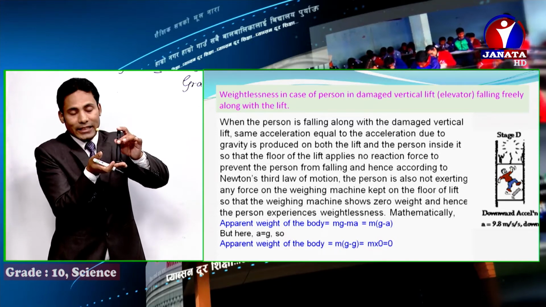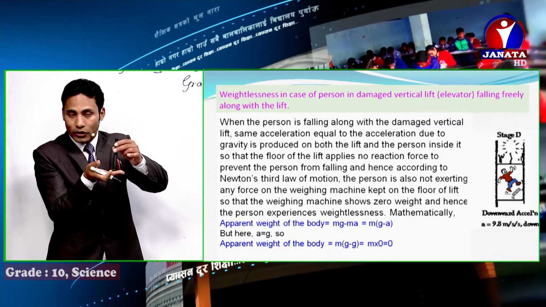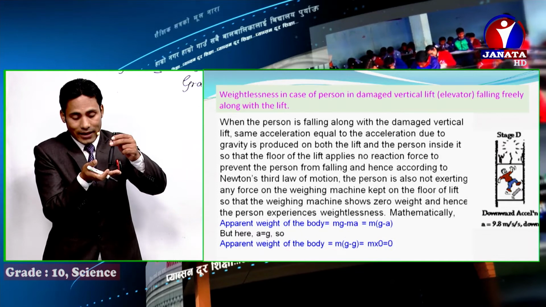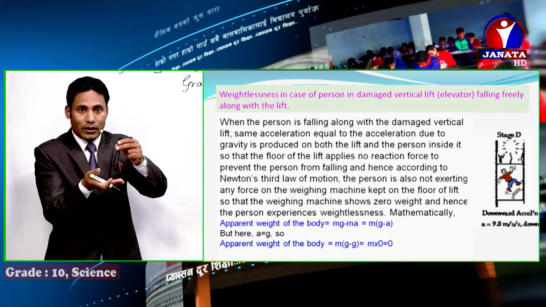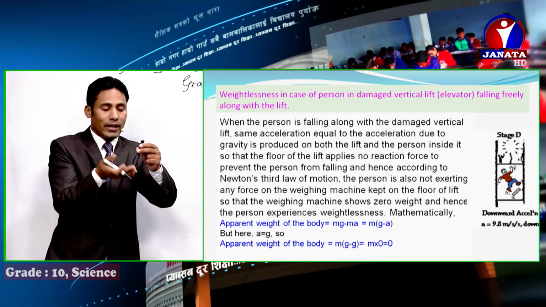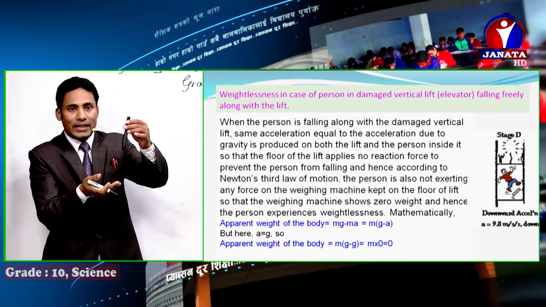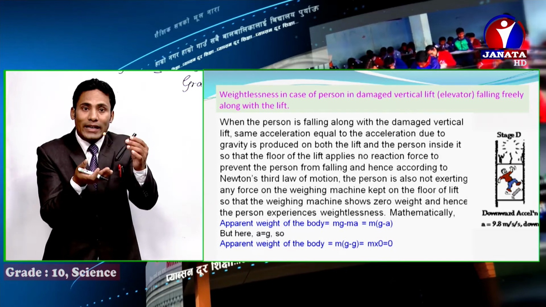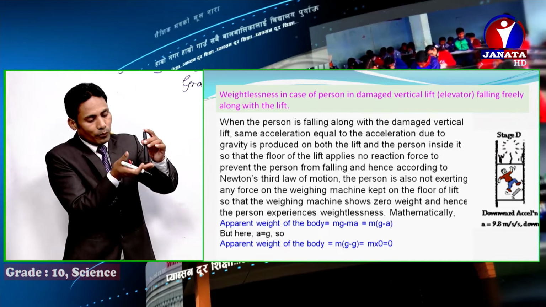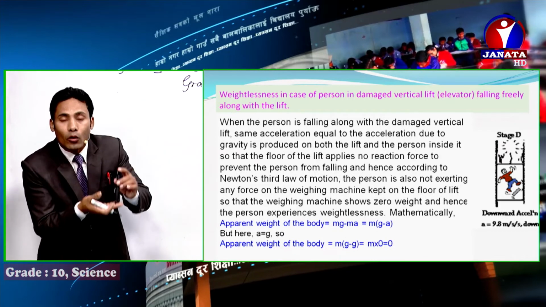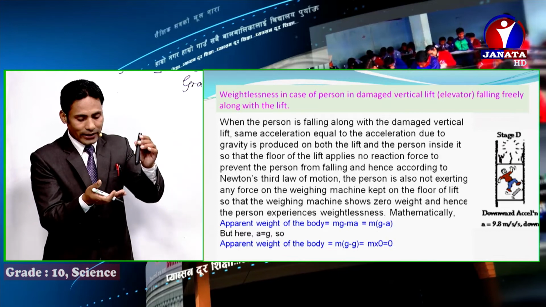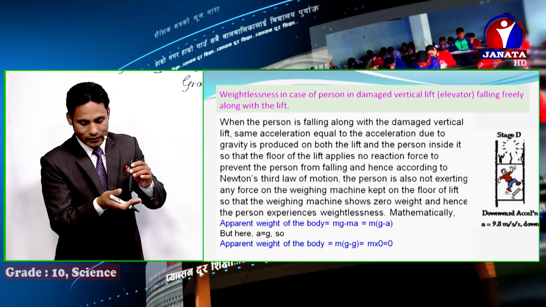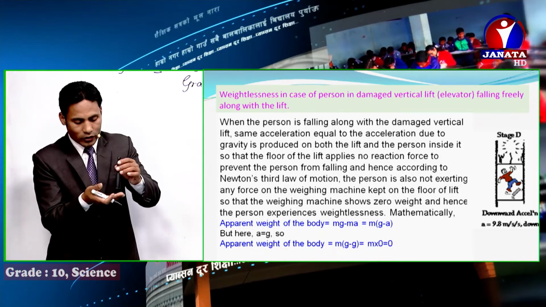So right now, when it is stationary, the weight is acting downward, and the same amount of force is acting upward, right? The base of the lift is pushing upward, and this person's weight is acting in the downward direction. Clear? So in that condition, the weight acts. But whenever both objects move in the downward direction, there is no reaction force present.